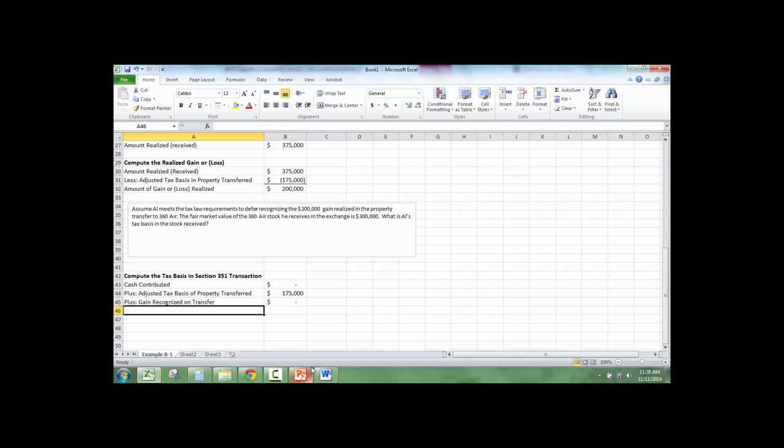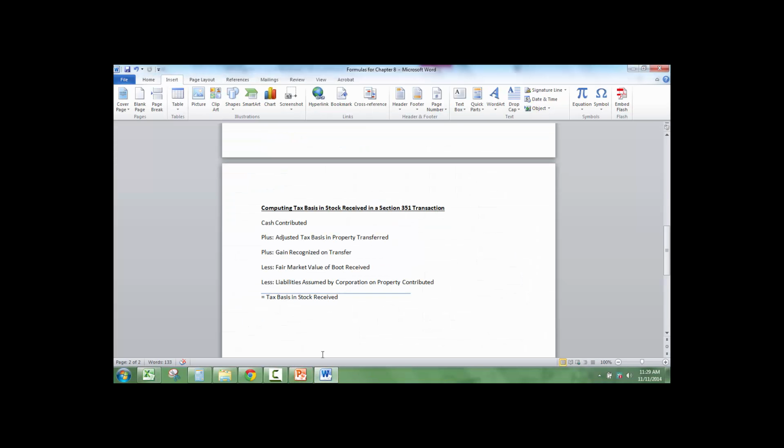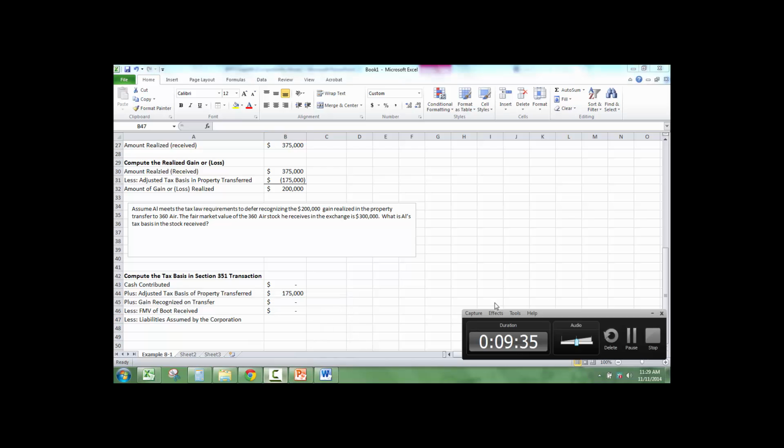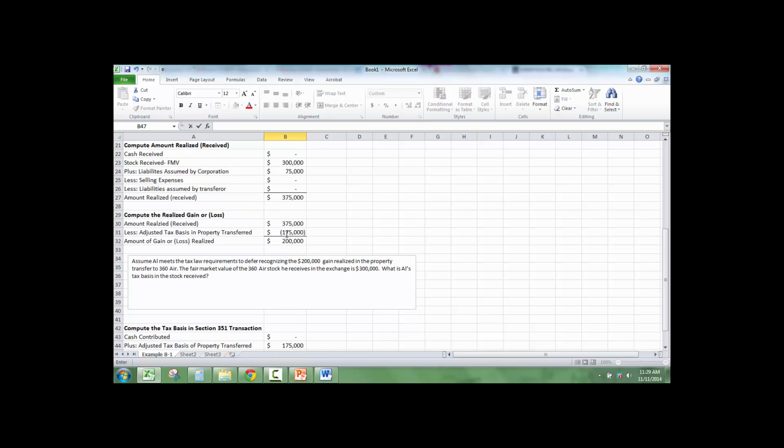There was no gain recognized, it was deferred. Less fair market value of boot received. There was no boot received. Less liabilities assumed by the corporation, which is $75,000.